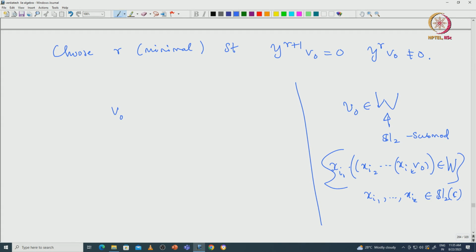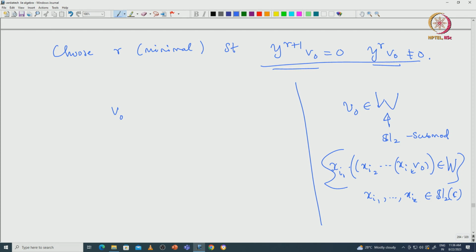So, then it suggests we need to only worry about the powers of y, but for powers of y we do not have any control, but we have made some choice. We have made a choice r such that y power r V naught is non-zero, but y power r plus 1 V naught is 0. So, look at the cyclic space generated by V naught using this operator y.